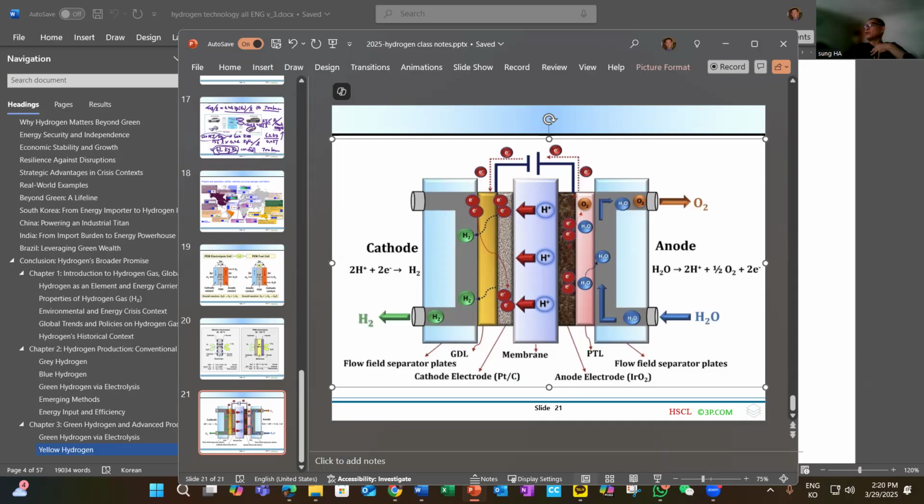Okay, I have another picture. Here is the cathode electrode and the anode electrode.